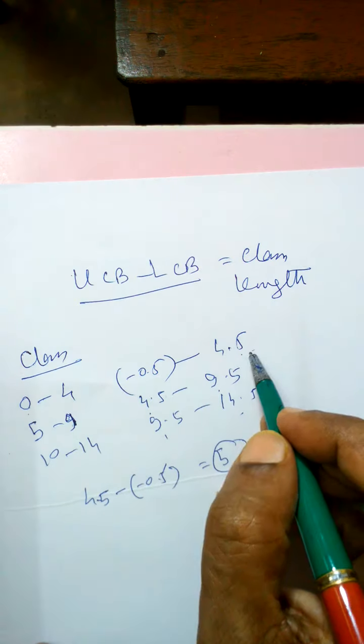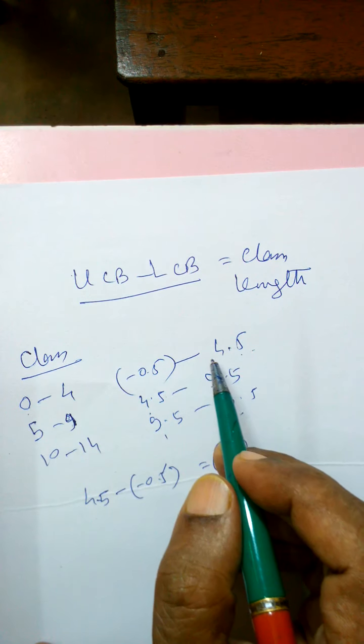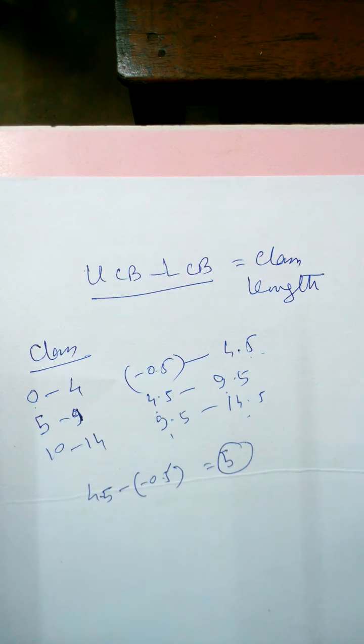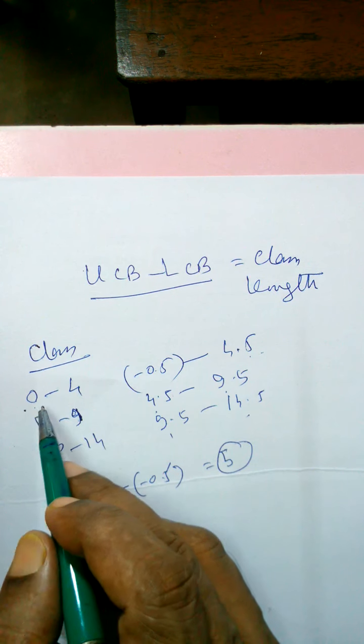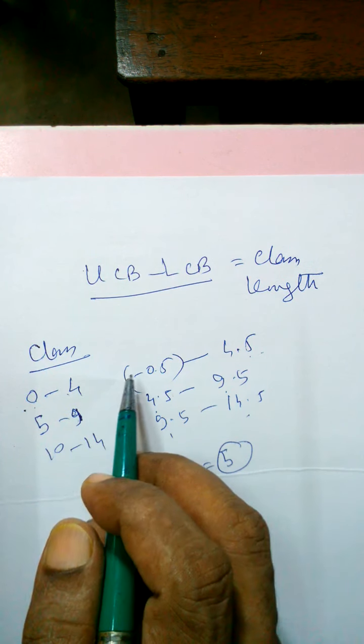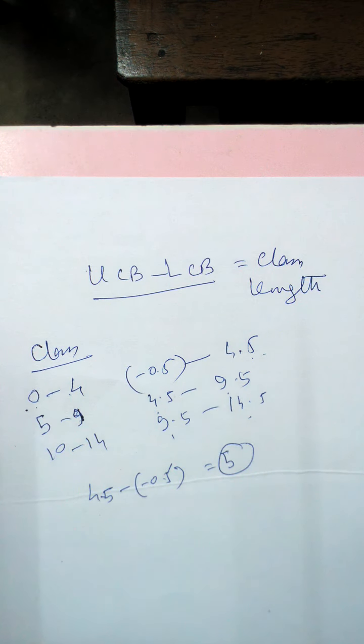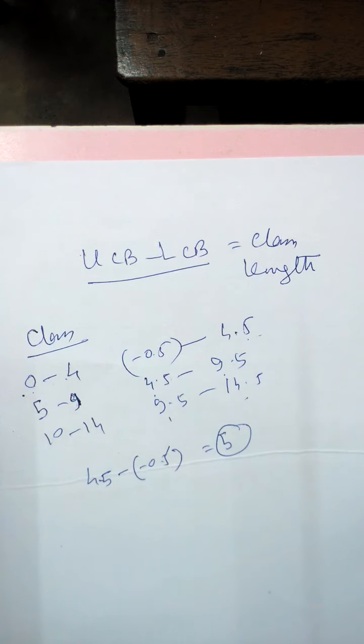Here it looks not very simple, because minus 0.5 we normally don't write, we write 0, but that is a mistake. We should remember that it is actually adjusted. 0.5 will be adjusted, so the length will be 5. We can do this way also. You count 0, 1, 2, 3, 4 inclusive. So start from 0 and count up to 4. So you will find 5, class length is 5. This is the idea of class length.